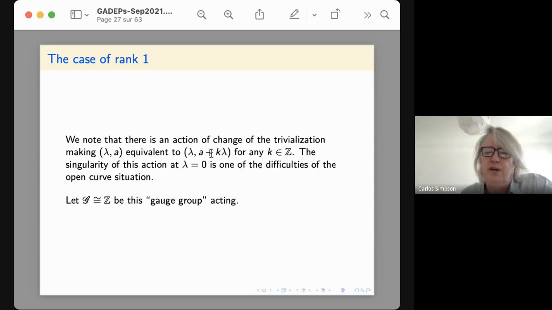It's not discrete anymore. And I'm cheating a little bit in the discussion of this situation because at lambda equals 0, we should really be specifying the extension of the bundle rather than just saying that it exists. But let's kind of ignore that.